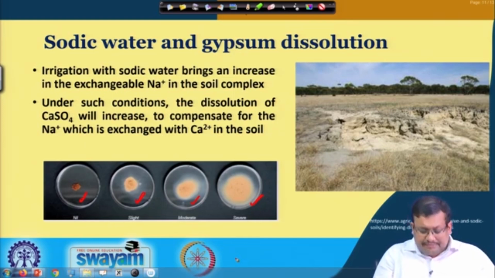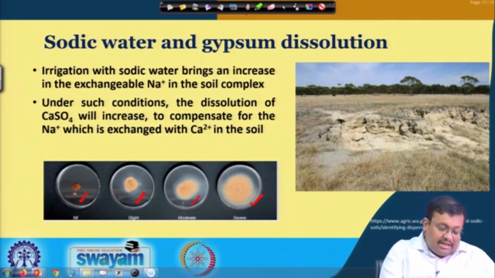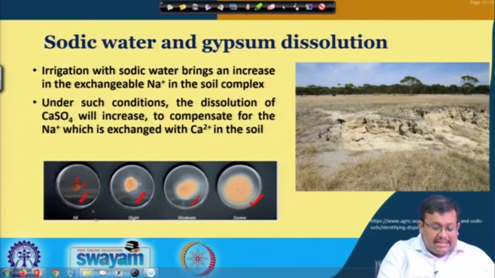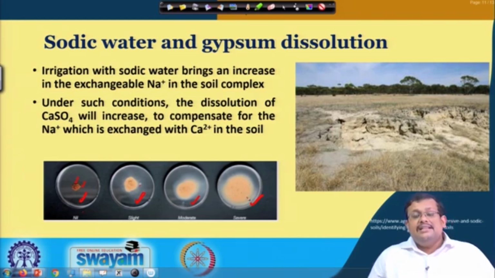So, from this soil to this soil, there is a continuous increase in sodium concentration. As a result, the degree of dispersion also continuously increases with the increase in sodicity. Here this soil is highly aggregated, and these soils are increasingly disaggregated.